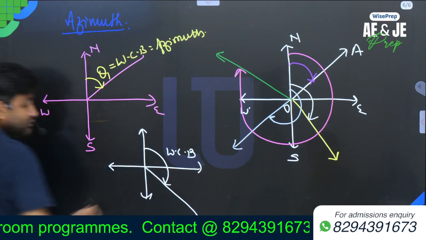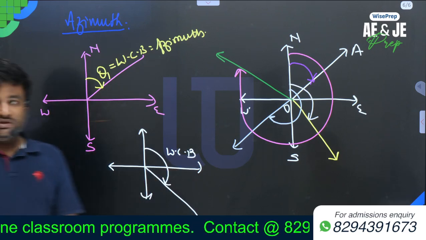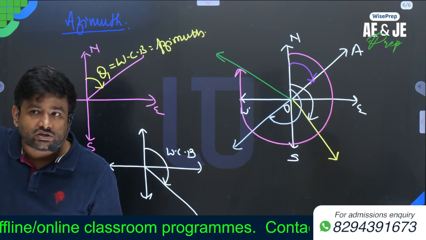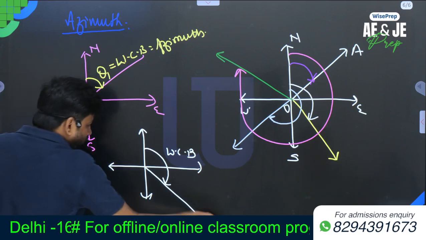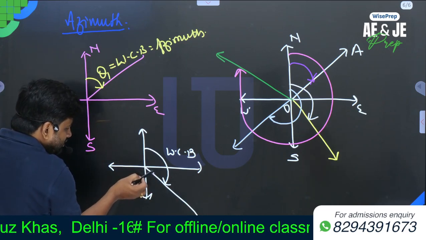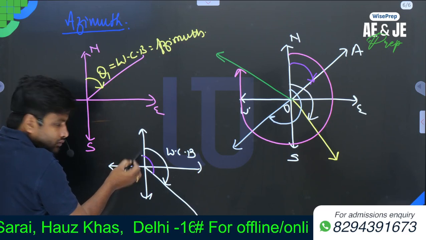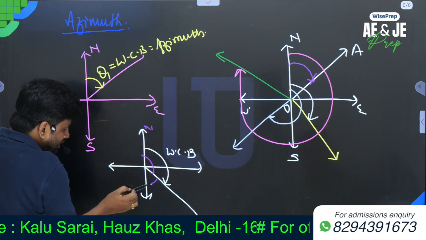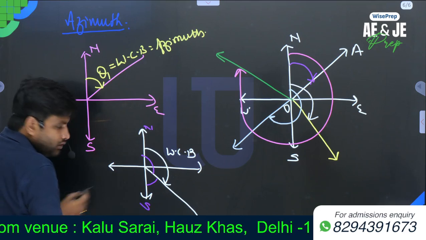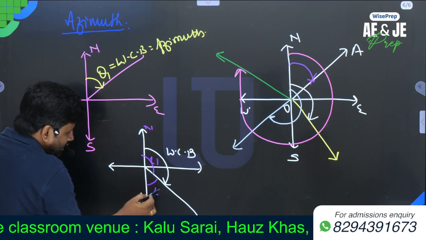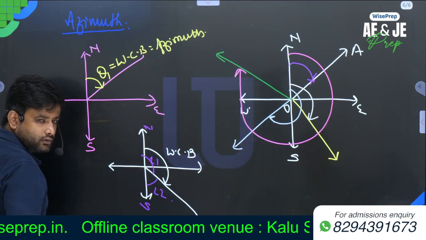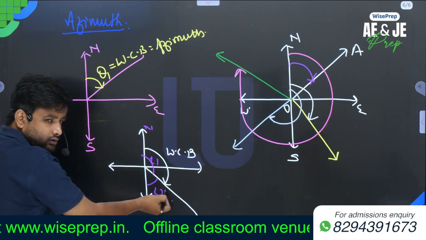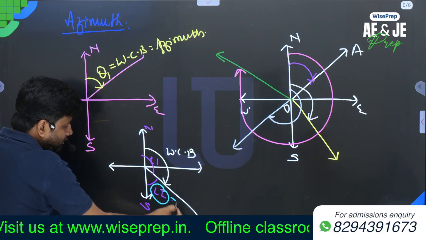But azimuth is what? What did I make you write about azimuth? It is a smaller angle which a survey line makes with the true meridian. So with respect to the meridian, this is an angle with respect to north and this is an angle with respect to south. Out of angle 1 and angle 2, which one is smaller? Angle 1 or angle 2? Angle 2 is smaller.